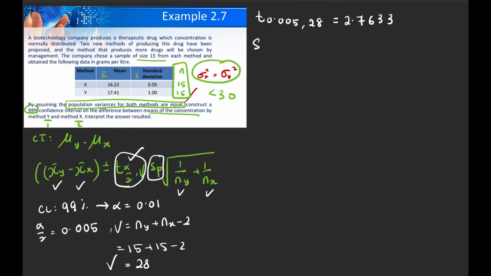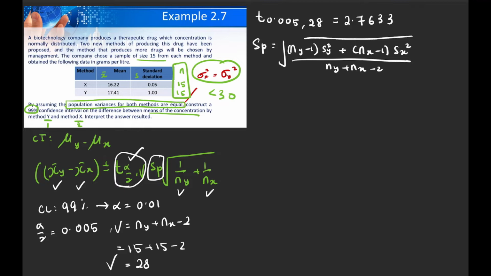Now find sp. The formula for sp is the square root of ny minus 1 times sy square plus nx minus 1 times sx square, divided by ny plus nx minus 2. You substitute all the values.